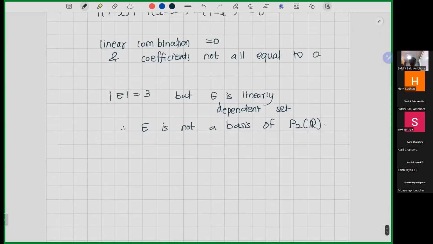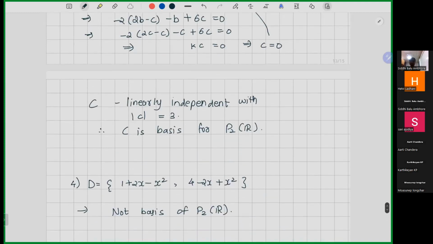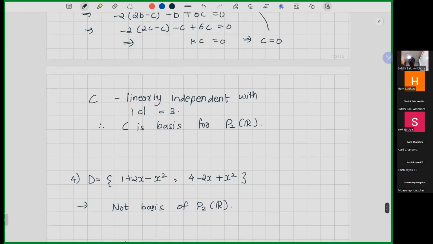Any doubts in this question or in the previous question where you couldn't understand anything? Kartikeya, Aarti, Sajjad? No.